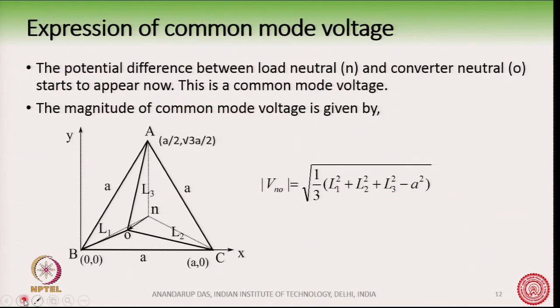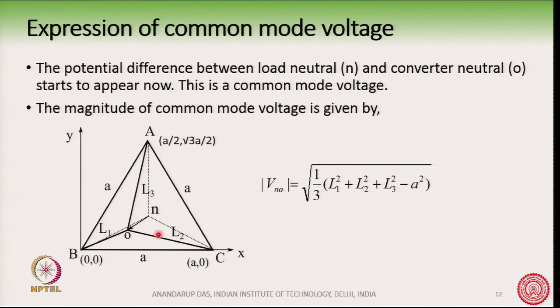As I told you, once the pole voltages have become unbalanced, a potential difference between the load neutral and converter neutral starts to appear, that is this VNO voltage. It is a common mode voltage, because you can see that VAO is equal to VAN plus VNO, and it is the same for all 3 phases.